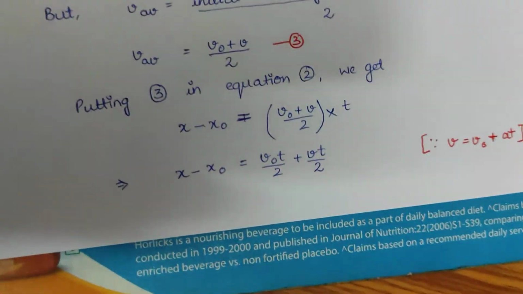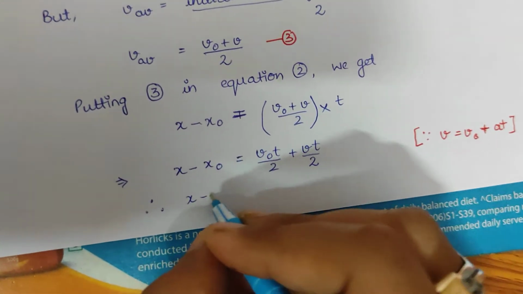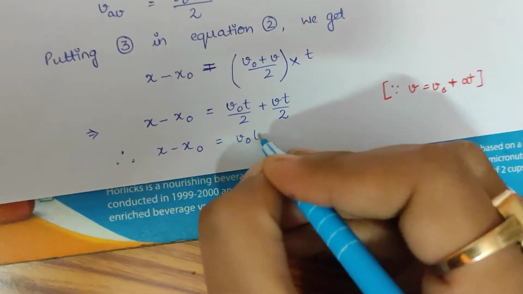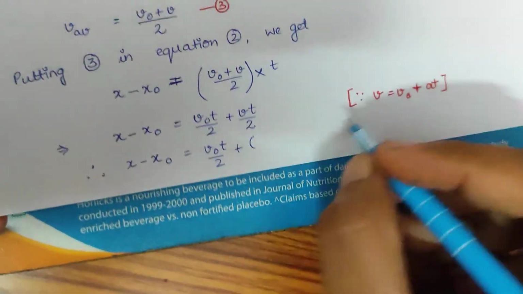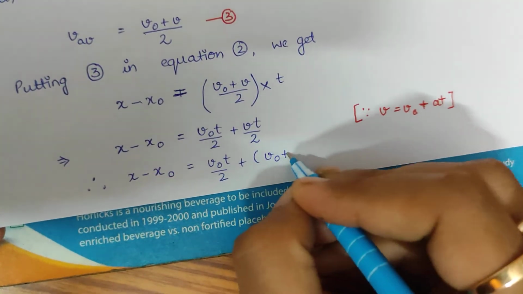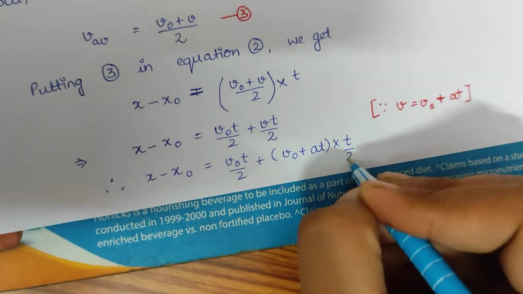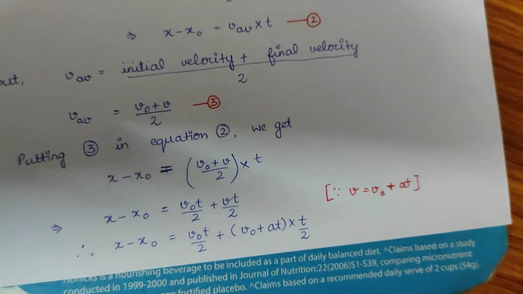Therefore we will now put this value of v in place of v here. So now we will get plus v naught plus at into t by 2. Okay. Now we will solve it further.